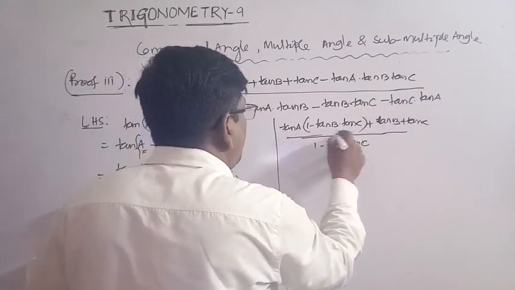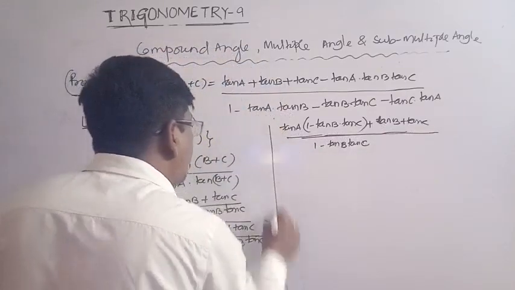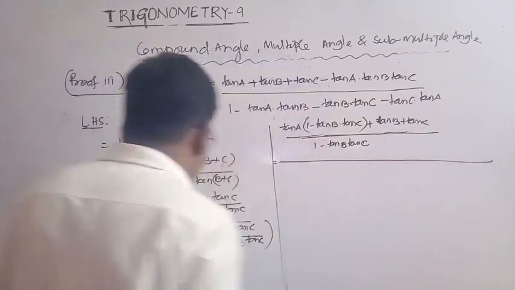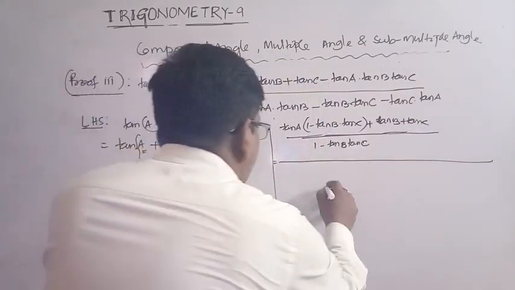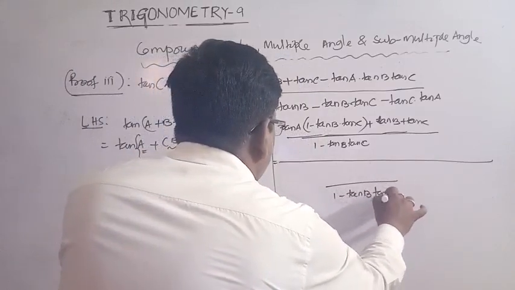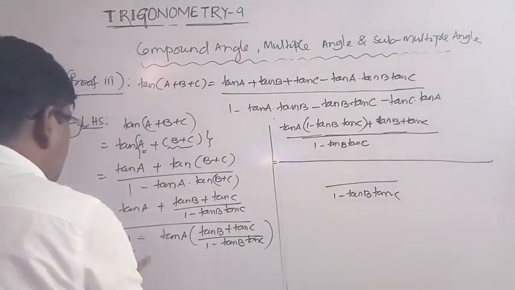And the whole is divided by... what is the LCM here? That is 1 minus tan B into tan C. So this is nothing but 1 by 1 we can write.